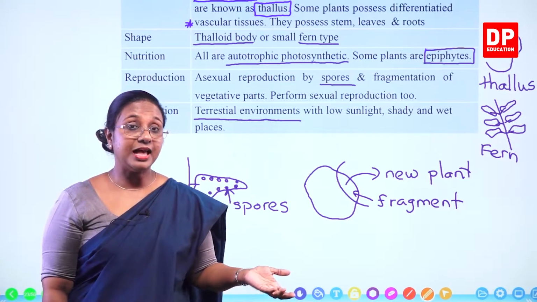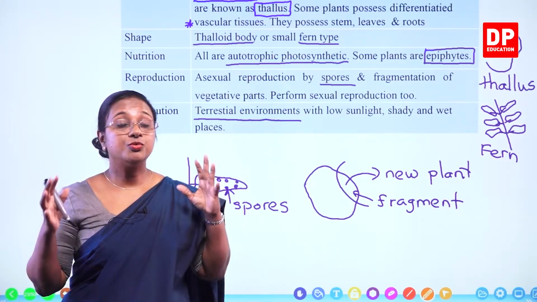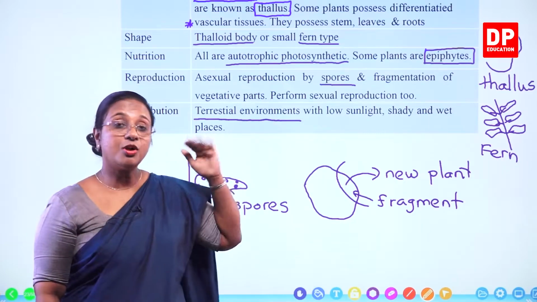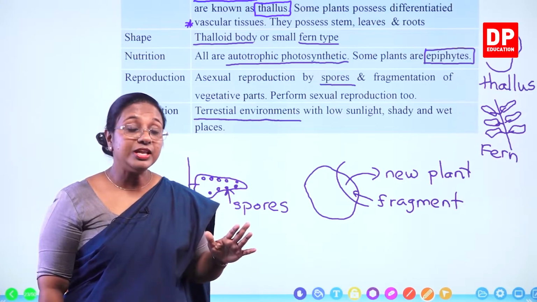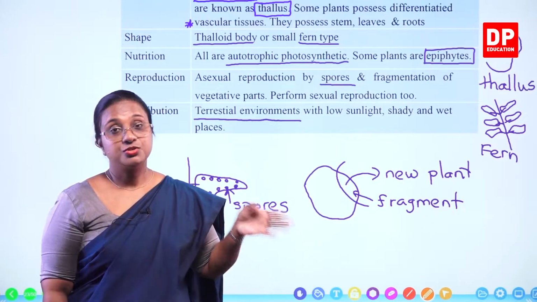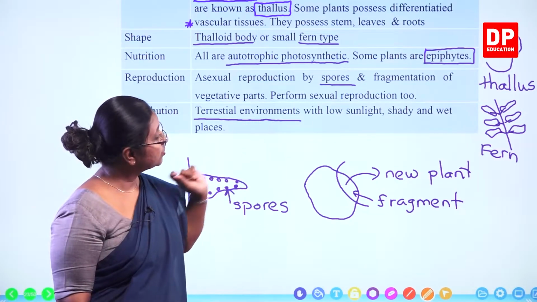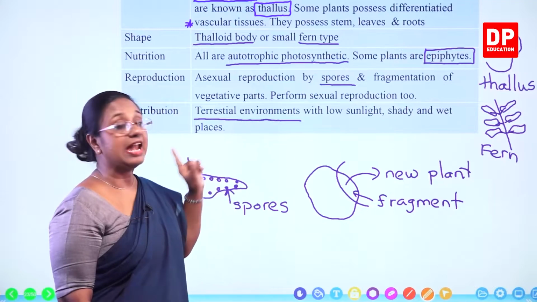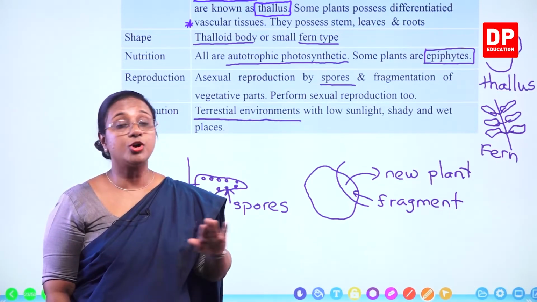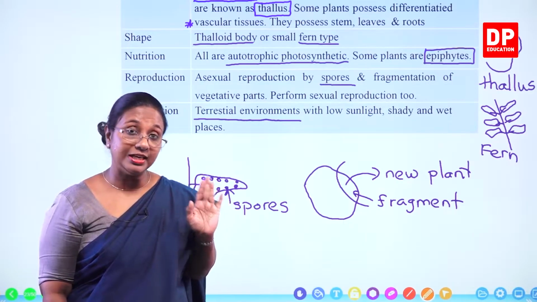They can be either thallus or fern type. So for them to grow, they need to have a shady area, not too much sunlight. They do need sunlight to produce their food, but not too much. So they always grow in places with low sunlight, shady and wet environment, but terrestrial environment, not in water bodies, not in the aquatic environment.